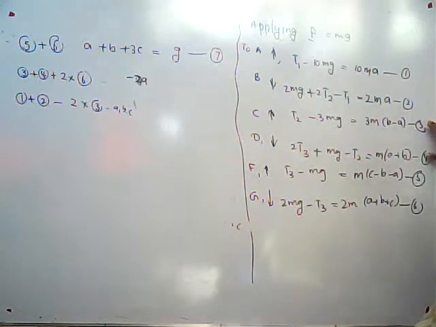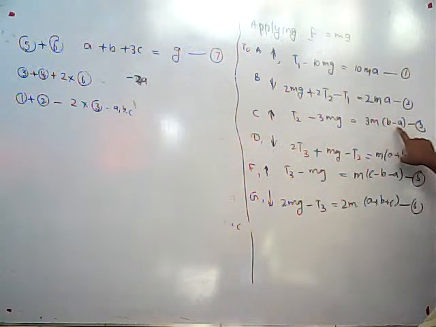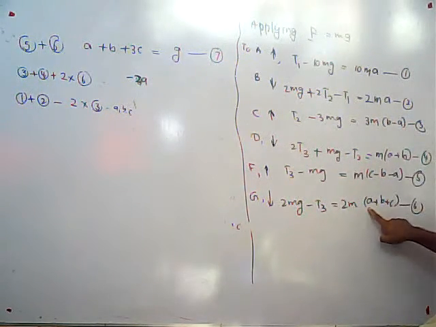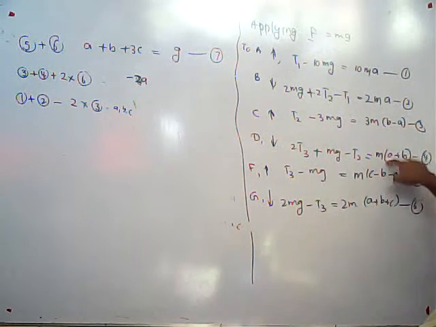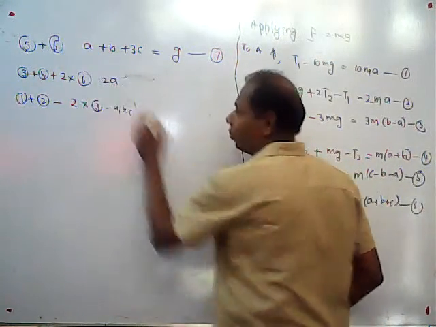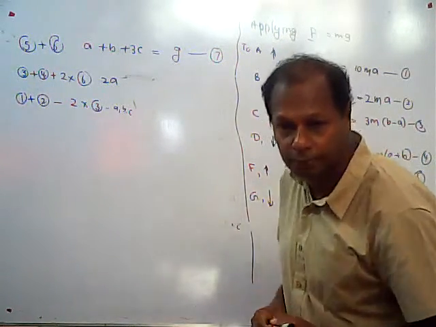No, 3 plus 4. When you add these two, minus 3 plus 1, and this will give plus 4. Yeah, 4, 5, minus 8. It will be plus 2A.